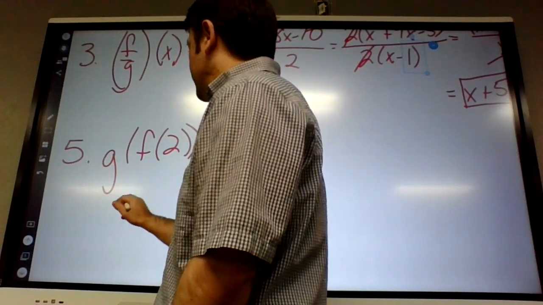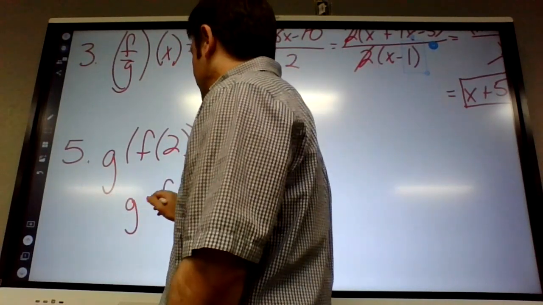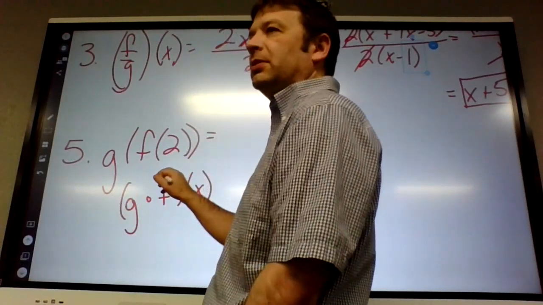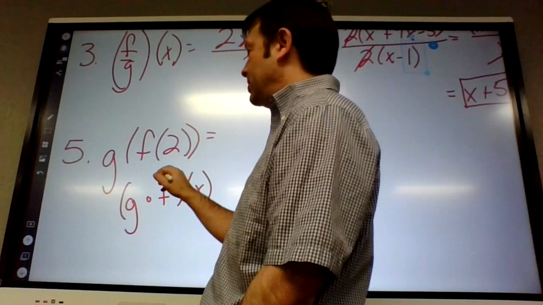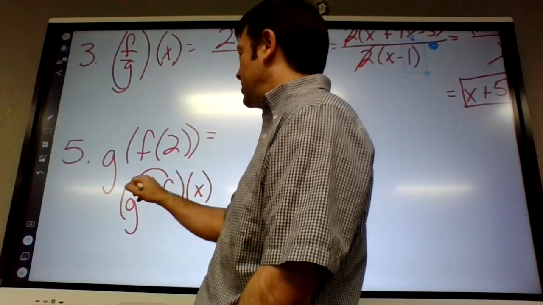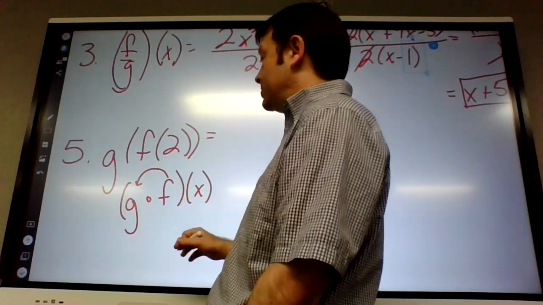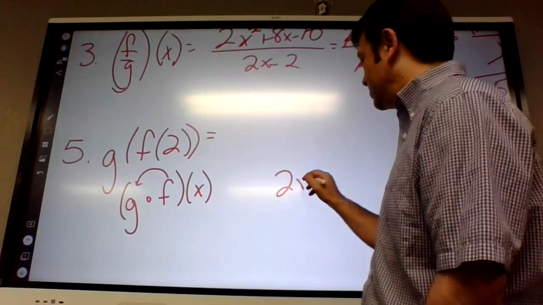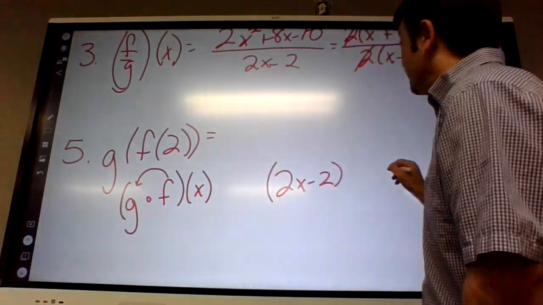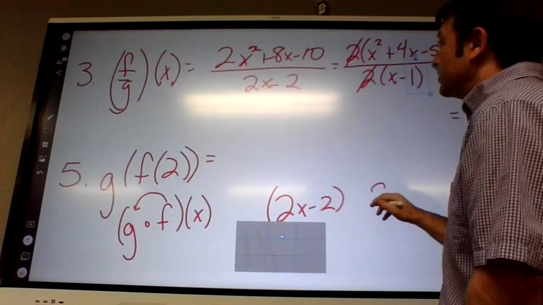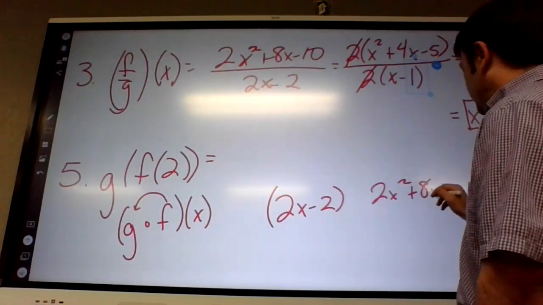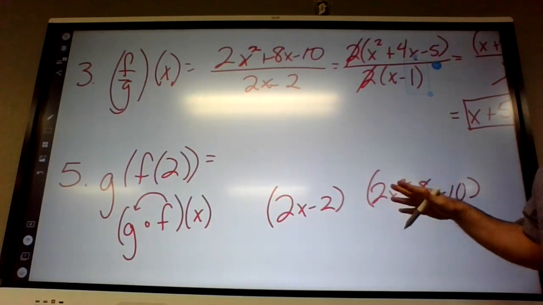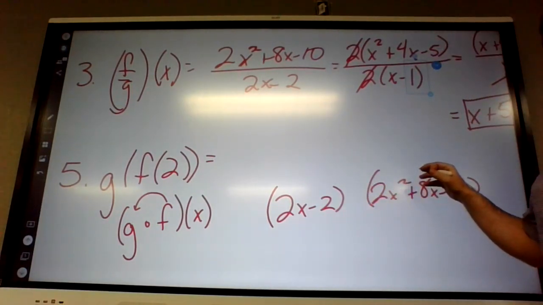You guys remember what this means? You put it into g. Yeah, good job. The f function you pick up and put it into g. So g was the, what was it, 2x minus 2? And the f was 2x squared plus 8x minus 10. So yeah, I'm talking about number 4, not number 5 right now.